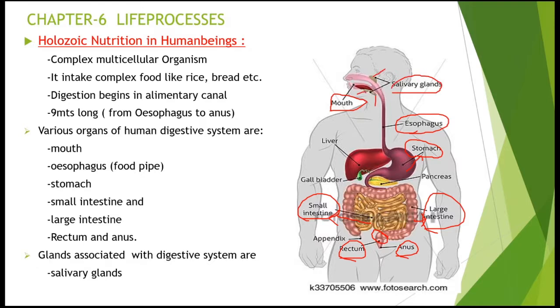These three types are present in the buccal cavity. They are the parotid glands, submandibular glands, and sublingual glands, which help in the secretion of saliva during the beginning of the digestion of food in the mouth.